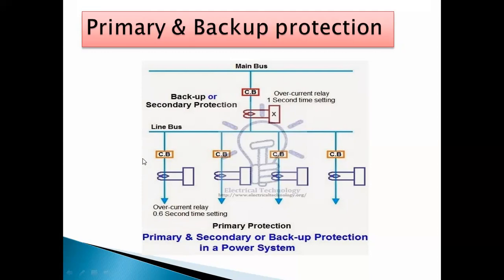But our primary protection is such that we need this backup protection very rarely, because everywhere we are now using the relays and circuit breakers, and these are protecting these lines, and there are very few chances of the relays failing to operate.